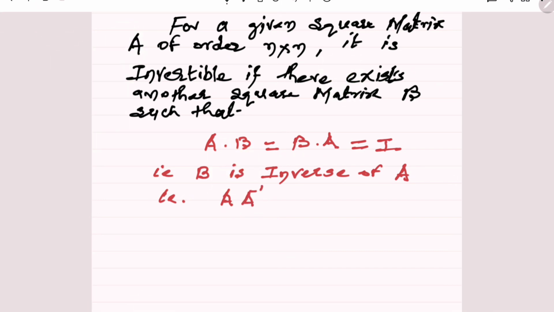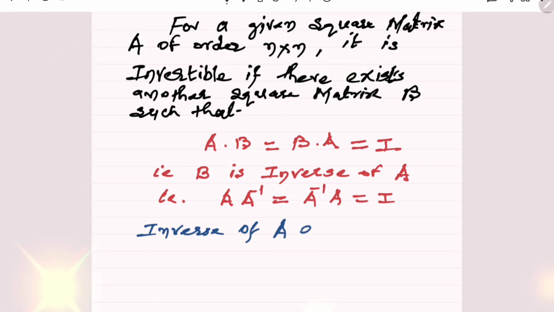That is, if we replace B by A inverse, we get A into A inverse is equal to A inverse into A, and that is equal to I, the identity matrix.